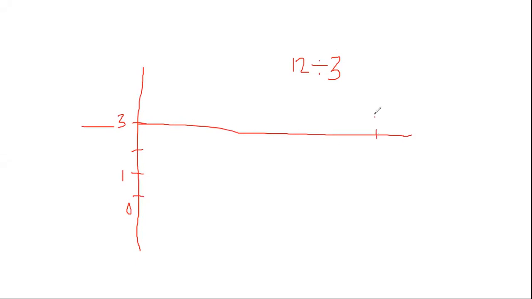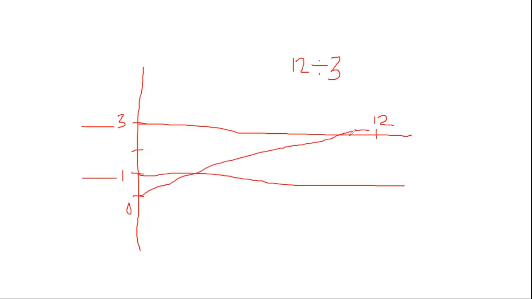So you have both the dividend and the divisor. Now you draw the number line through 1 and connect this 12 to this 0.